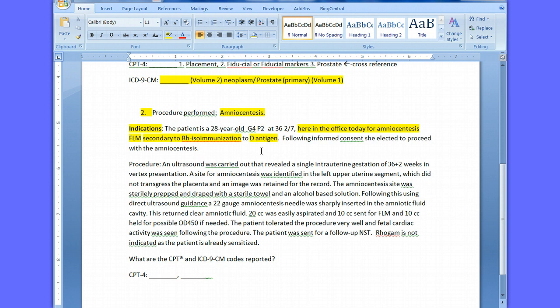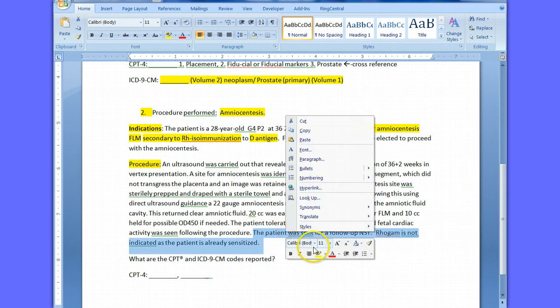Okay, so what they did here is that they did an ultrasound. Here's the procedure, I'm going to highlight that. And they can see that she is pregnant. And they gauged everything. But I wanted to see where it shows in here that this was done in the office.